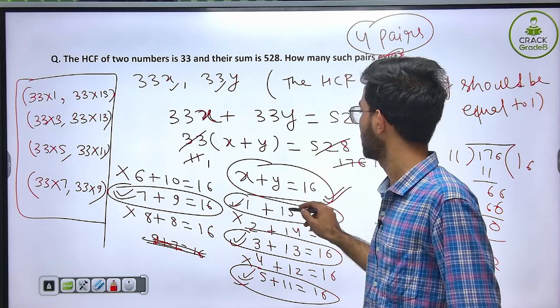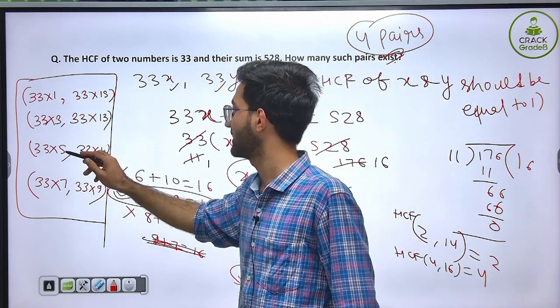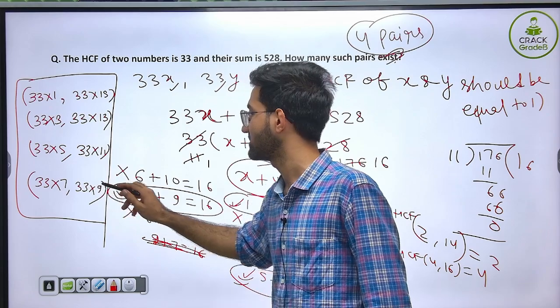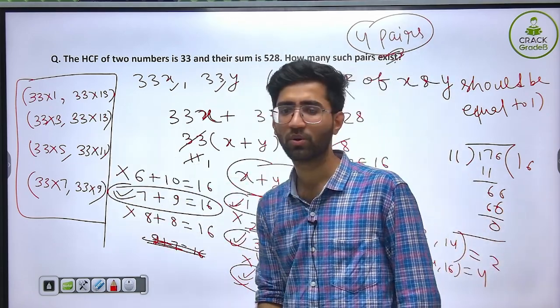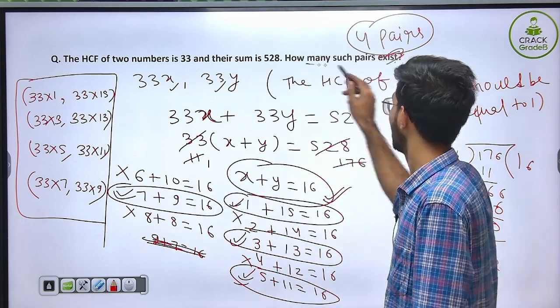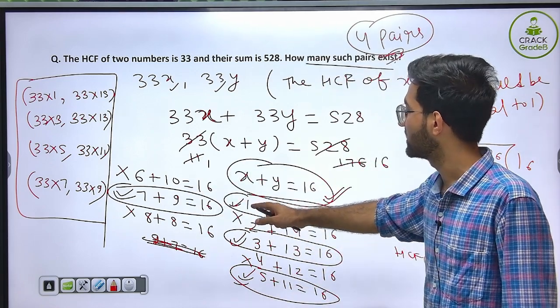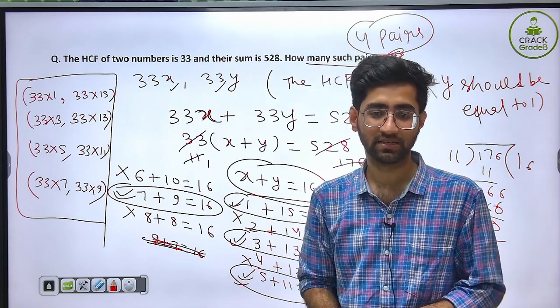When x is 1, y is 15. x is 3, y is 13, x is 5, y is 11, x is 7, y is 9. Right? But you don't have to find the proper values unless they ask you. They are only asking you how many such pairs. So basically there are 4 pairs. So 4 pairs exist. Right?